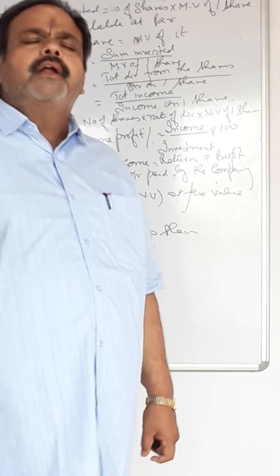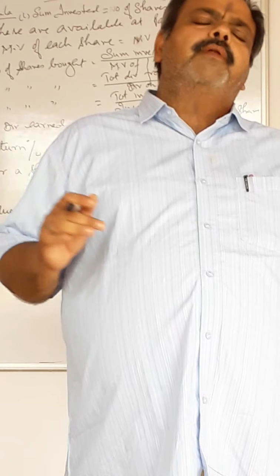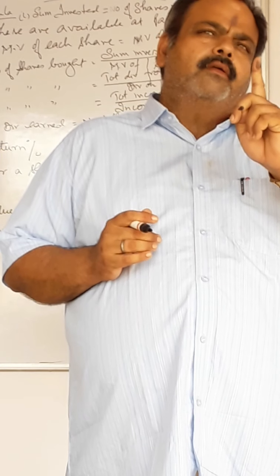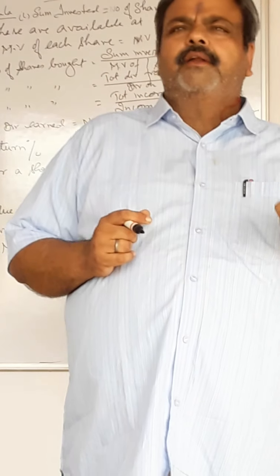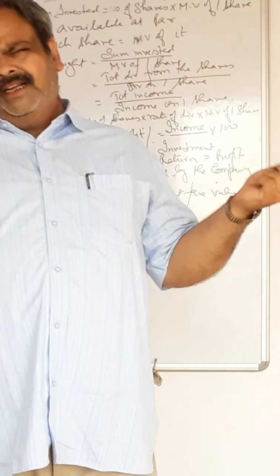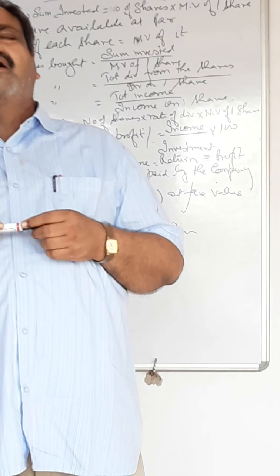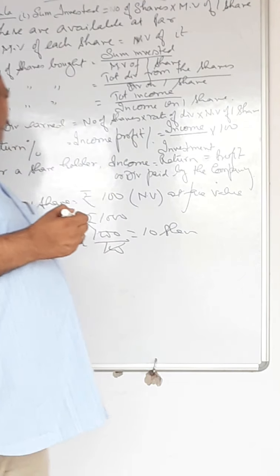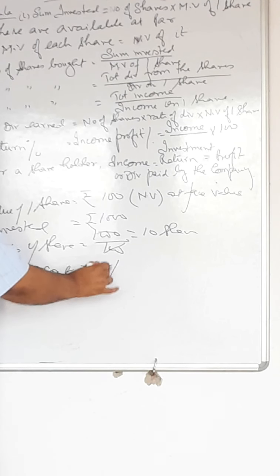What is dividend? Dividend is the profit earned by the company in 1 year. It is at risk. If you keep your money in a savings bank account, you will get 4.5% in a year.